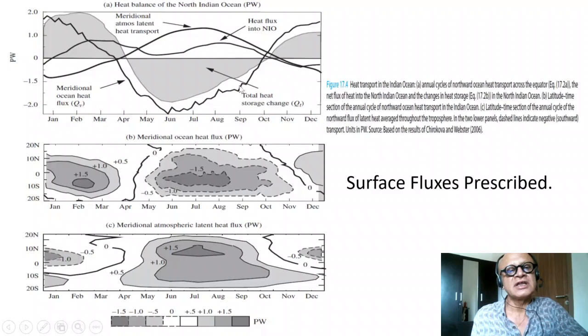So you can see that during the monsoon season, as we will see, there is southward transport out of the northern Indian Ocean across the equator. During the northeast monsoon and intermonsoons, you have northward heat transport into the northern Indian Ocean across the equator. We'll see that in a little bit.